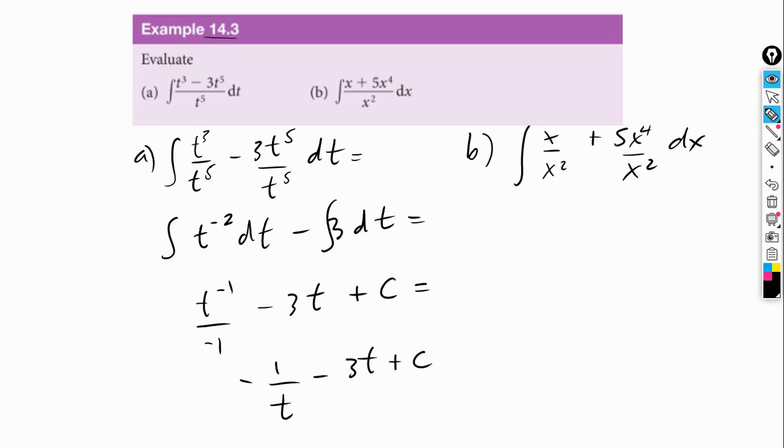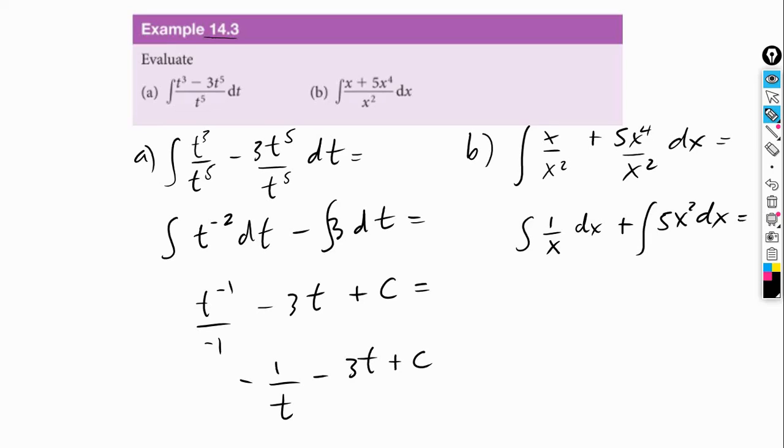Then we can proceed to simplify this and separate the terms into different integrals. Then we can say that this is equivalent to the integral of 1 over x dx plus integral of 5x squared dx. And then we can just proceed to integrate.